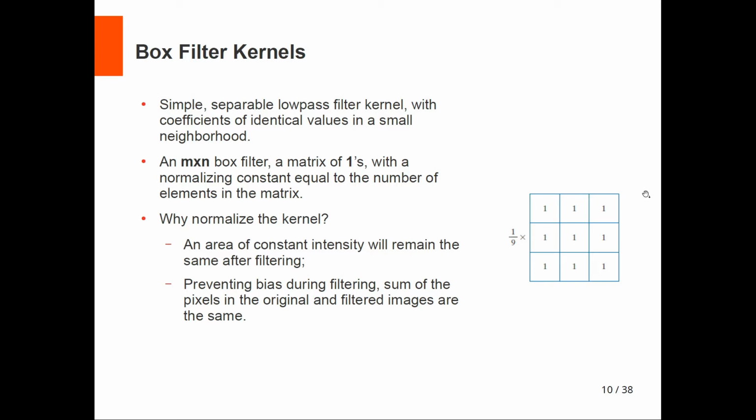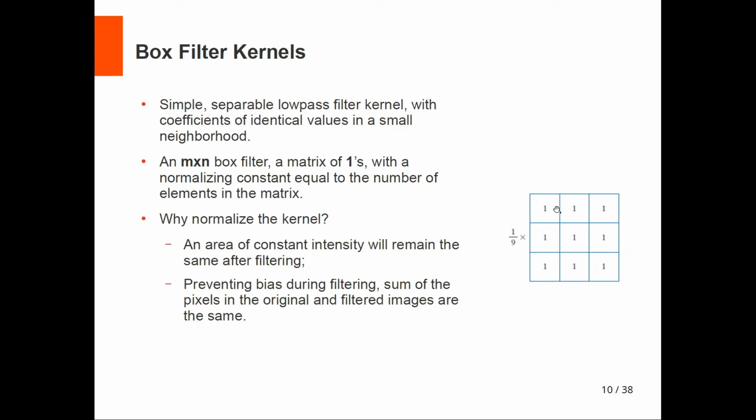So if we have an m by n box filter, the box filter is basically a matrix of size m by n with all the values being 1, but to not introduce any bias into the image, we apply a normalization constant before the kernel. So basically we scale down all these ones to not introduce any bias into the final result.